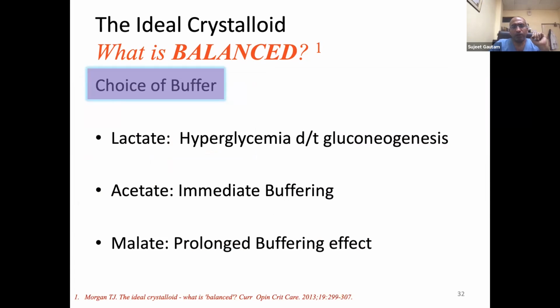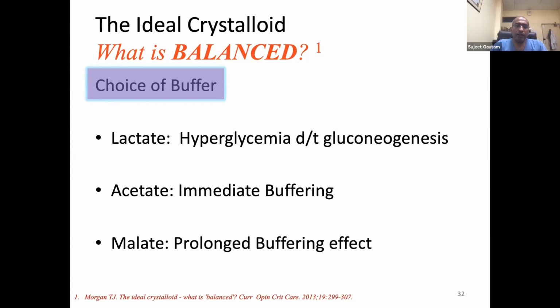So if we look at the choice of the buffer, it is lactate. We have seen Ringer lactate, which is available with us, but the side effect associated with it is that it causes hyperglycemia due to gluconeogenesis. Then another buffer which is commonly used in balanced salt solutions is acetate, and it is metabolized very rapidly and provides immediate buffering.